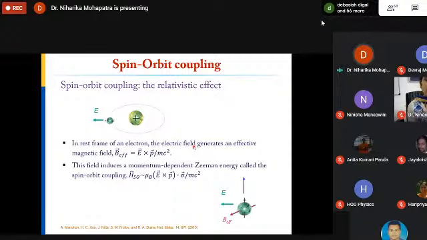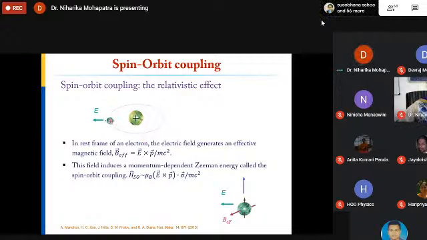Basically, the spin-orbit coupling or spin-orbit interaction is a relativistic effect. Why do I say relativistic? Because if we look from the nucleus frame of reference, you will see that the electron is revolving around the nucleus and creating some sort of magnetic field.